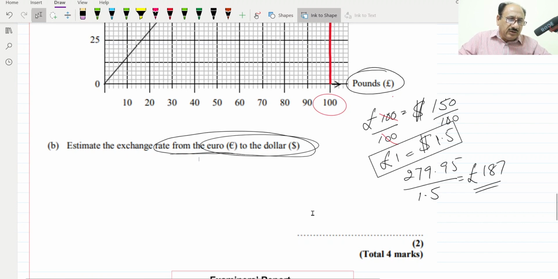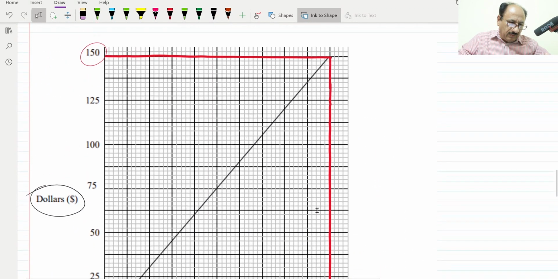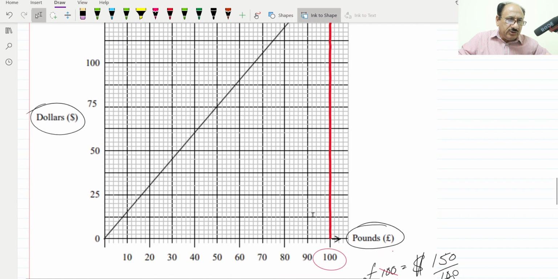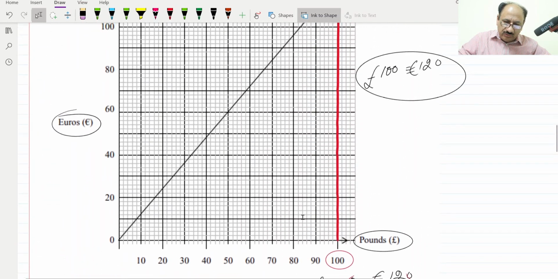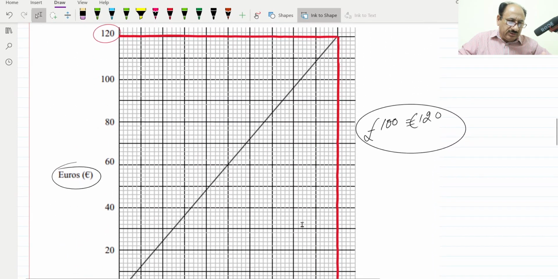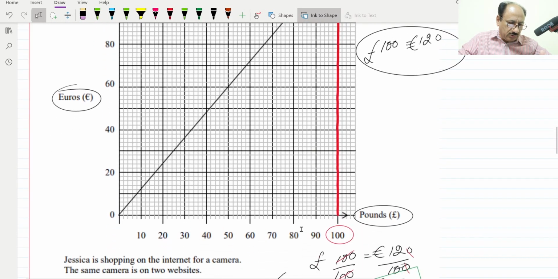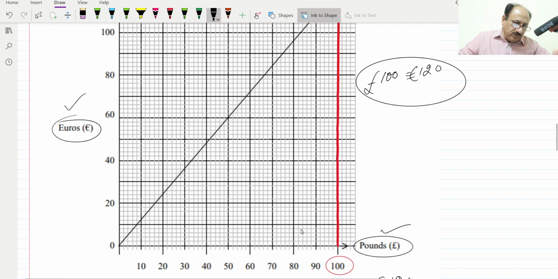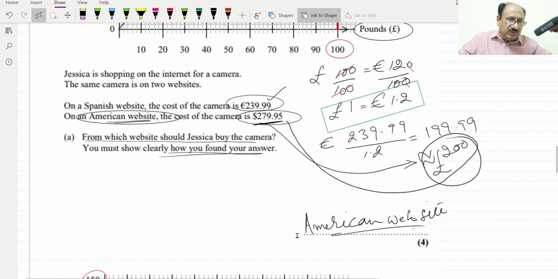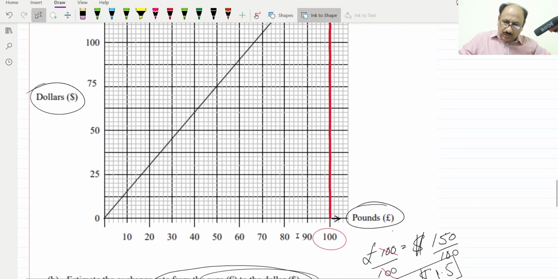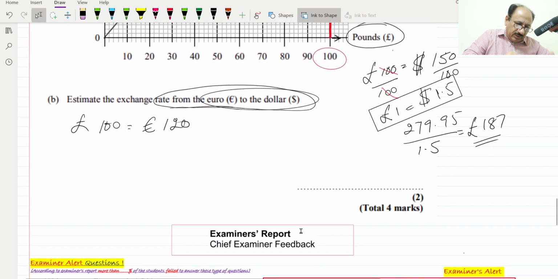Exchange rate also we can figure out easily, which is basically 100 pound is equal to 120 euros, which we got from this graph. 100 pound is equal to 120 euros, and the same thing 100 pound is equal to 150 dollars.